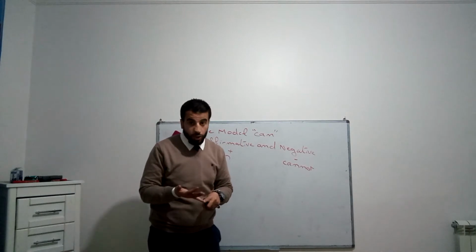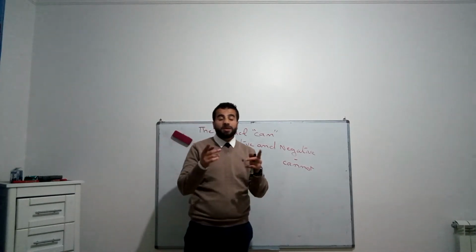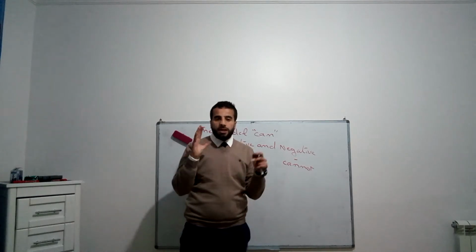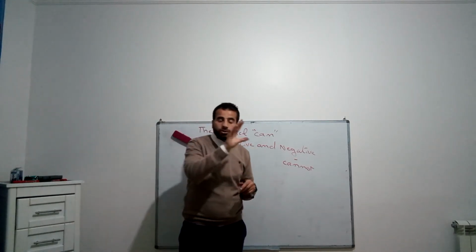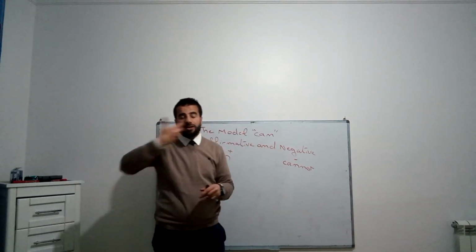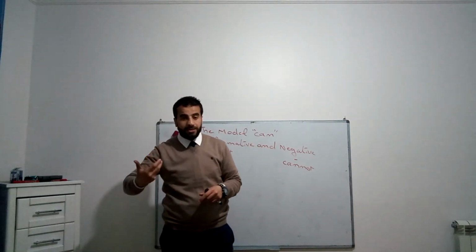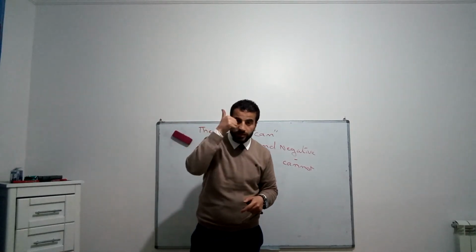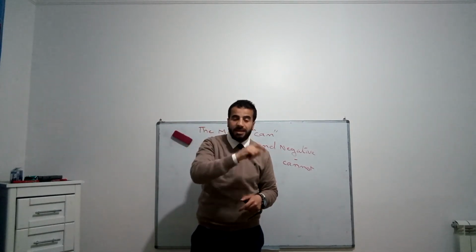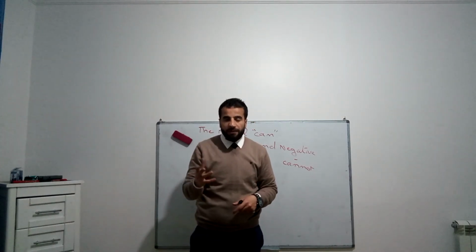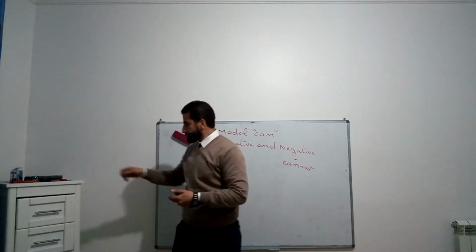But when we ask a question, the situation becomes different, because can is not in the second place. It becomes the first. When you ask a question, can always becomes the first part of any interrogative sentence. To simplify, I will show you an example.